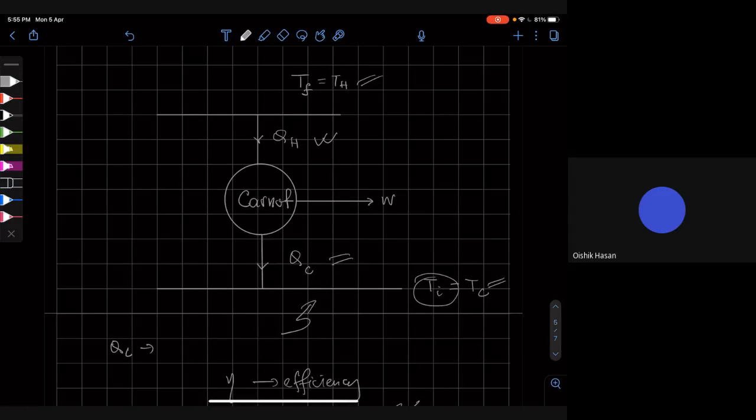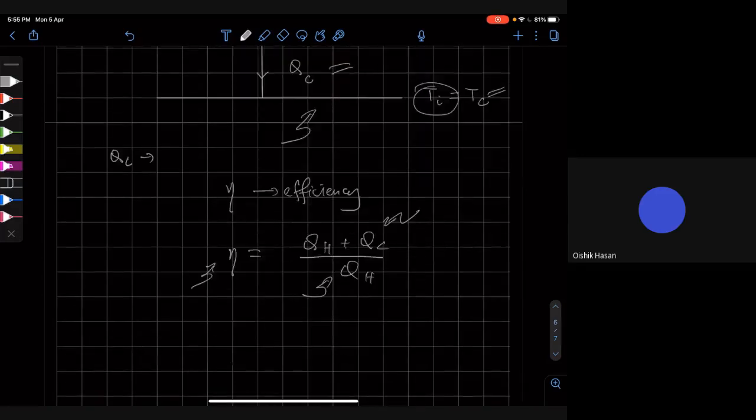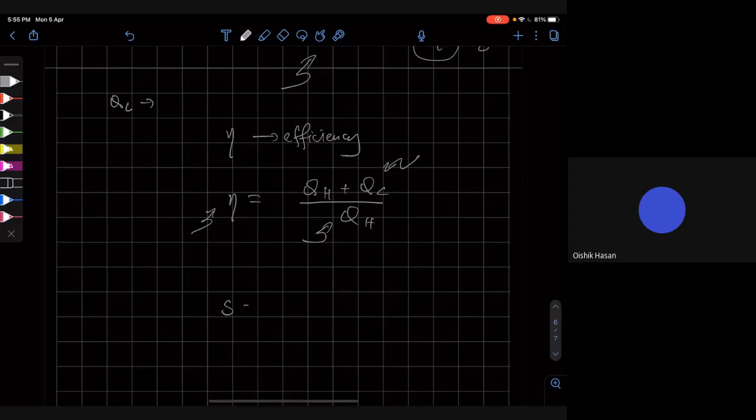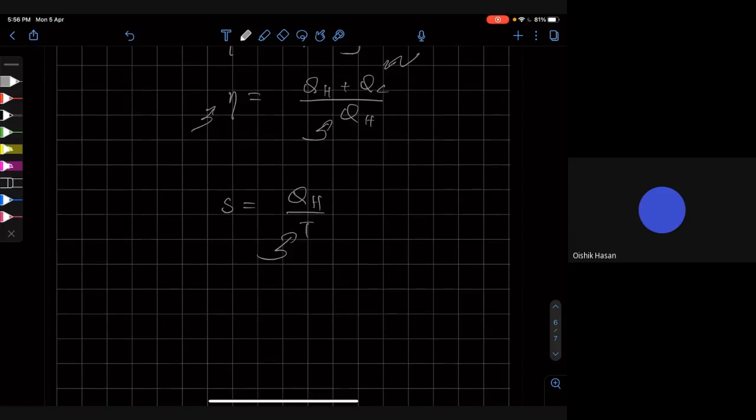What is the amount of heat that is being given up by the reservoir? And once you know QH, you can work out the entropy, because that's just going to be QH divided by some temperature, which you have to figure out. And you have the change in entropy of the big reservoir, right? Okay, so that is the outline.